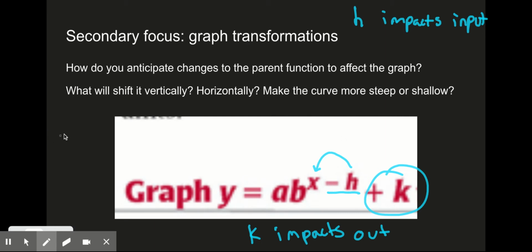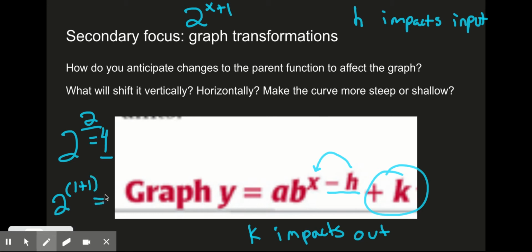what used to be 2 squared is 4. If I suddenly change this to 2 to the power of x plus 1, I don't need a 2 anymore to get 4. I only need to do an input of 1 and I'll still get 4.